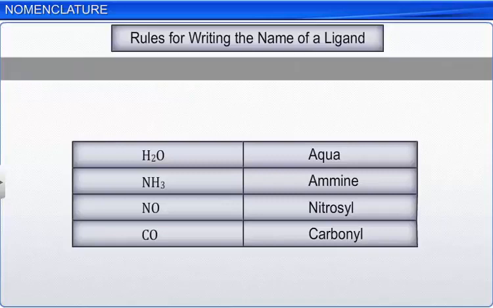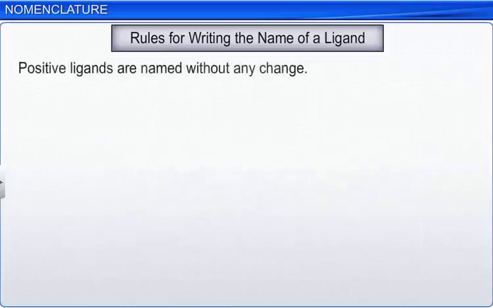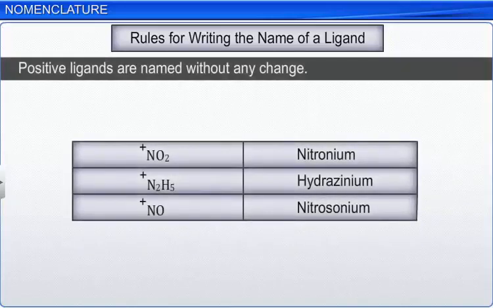They are aqua for water, amine for ammonia, nitrosyl for nitric oxide, and carbonyl for carbon monoxide. Positive ligands, such as nitronium, hydrazinium, and nitrosodium, are named as such without any change.